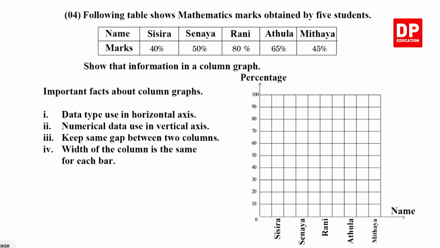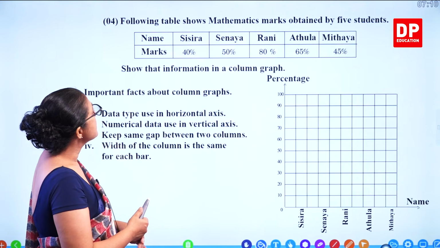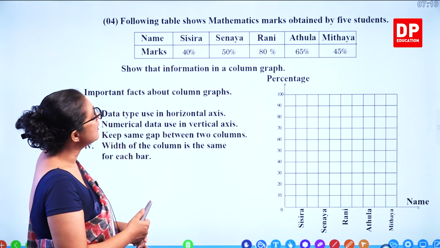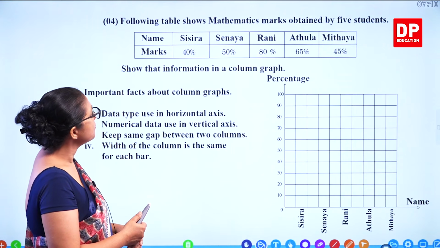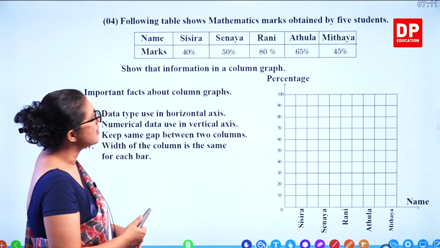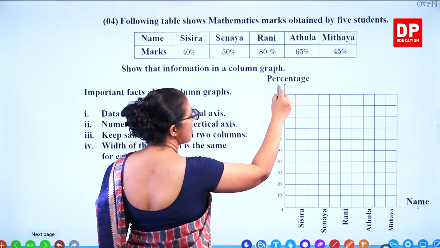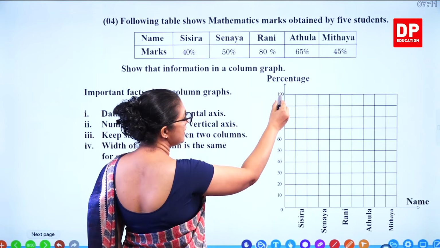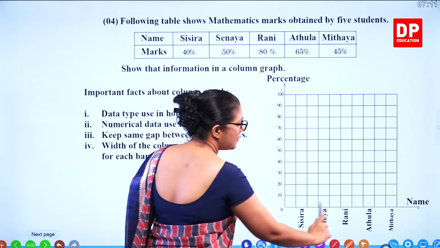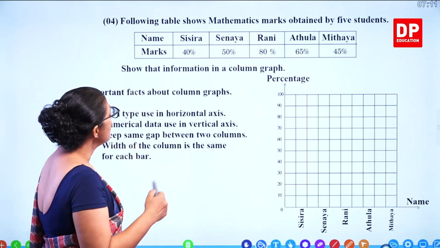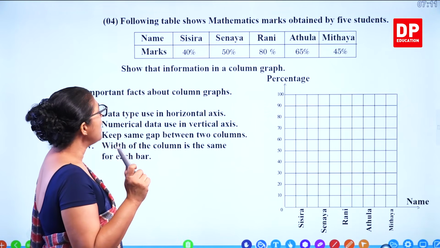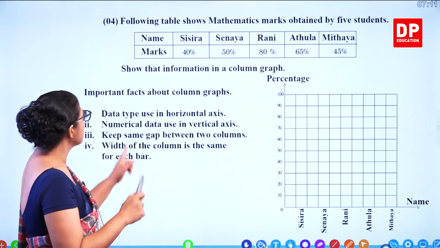Look at this example. Following table shows mathematics marks obtained by 5 students. Sisira, Senaya, Rani, Atula and Mitaya. Show that information in a column graph. So this is about marks. So percentage marks. So 10, 20 like that here, and these are the names. So when you are drawing the column graph, what are the important facts?